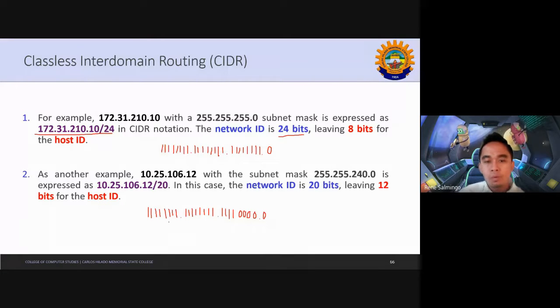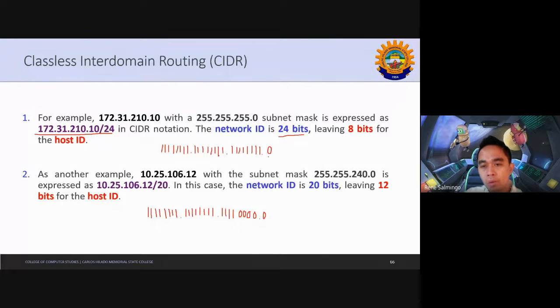Okay, so take note, you have 8 plus 8, 16, plus 4, you have 20. So this is your third octet. If you are going to generate 240, you add 128 plus 64, plus 32, plus 16. So you have 240.